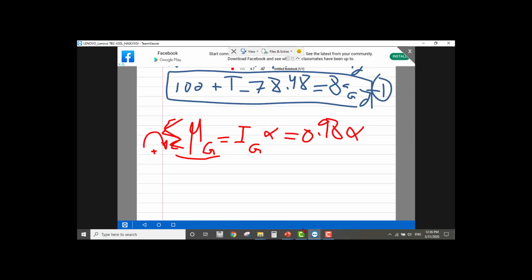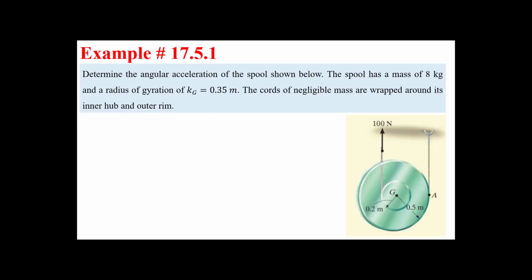But before substituting, let me go back to the slide. Here we have tension. This tension will rotate, if you use your right hand rule, counterclockwise, so it will be negative, and the distance is 0.5. 0.5 multiplied by tension, and it is negative.